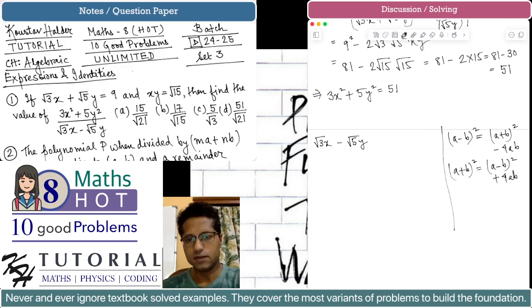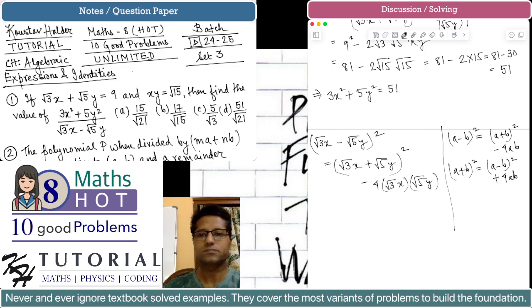So we can say that root 3x minus root 5y whole square is equal to root 3x plus root 5y whole square minus 4 into root 3x multiplied by root 5y.